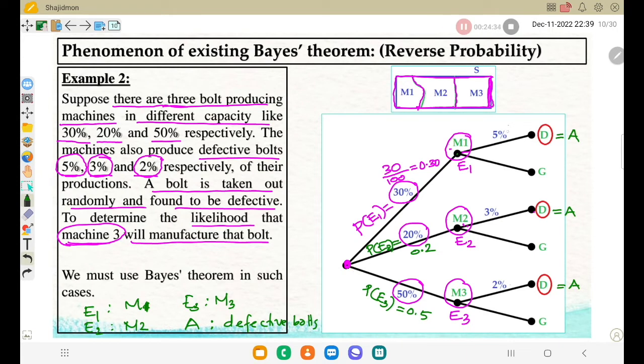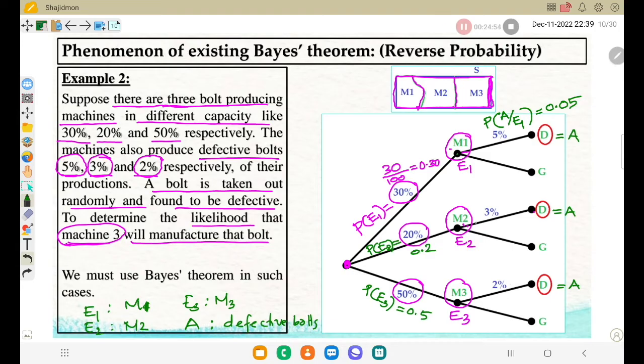Now, this 5% is the probability of a defective bolt from machine number 1, that is E1. So the probability of A given E1 is 5%, which is 5 divided by 100, that means 0.05.